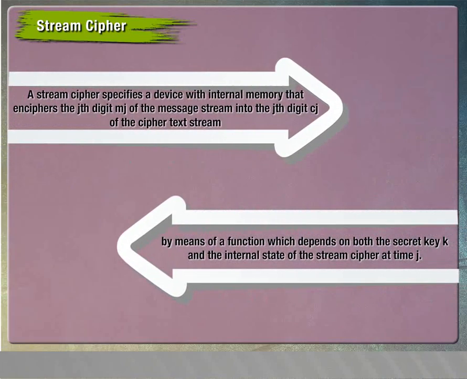A stream cipher specifies a device with internal memory that enciphers the jth digit mj of the message stream into the jth digit cj of the ciphertext stream by means of a function which depends on both the secret key k and the internal state of the stream cipher at time j.